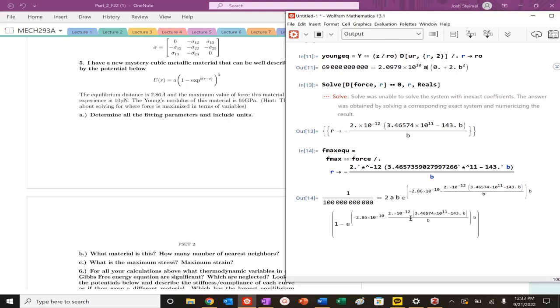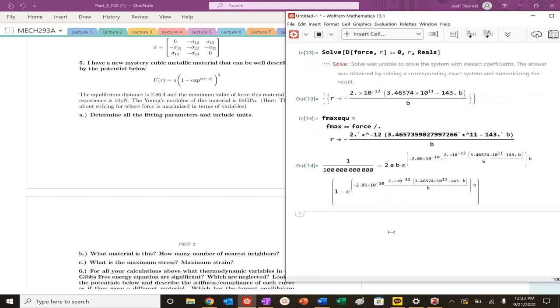So we could actually go ahead and plug in, actually we see here, there's no R's here. So we could ostensibly solve right now. I could solve the F max equation, I could do the Young equation, and I could solve it for A and B. Uh-oh, it's not allowing us to work like that.